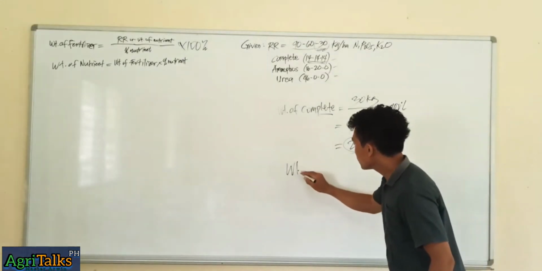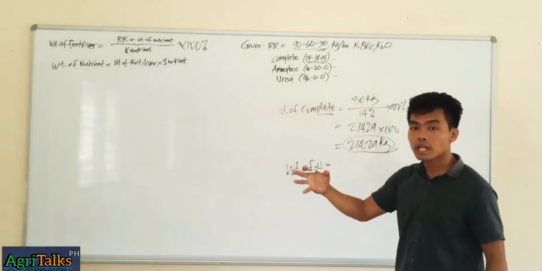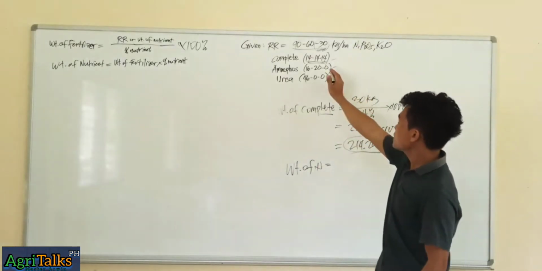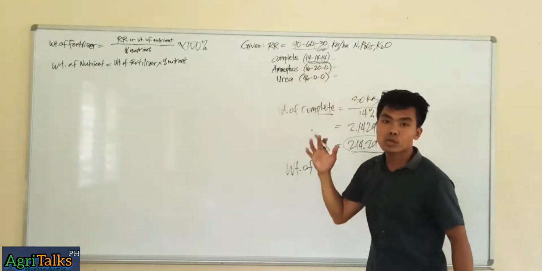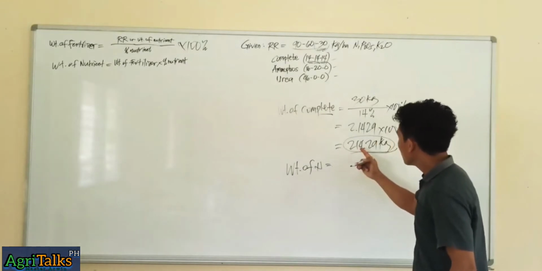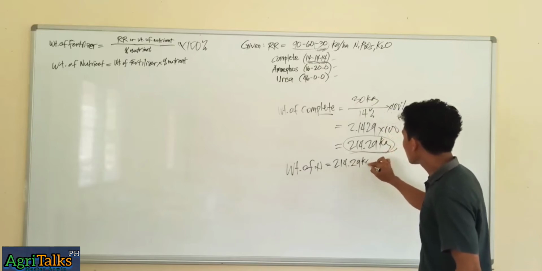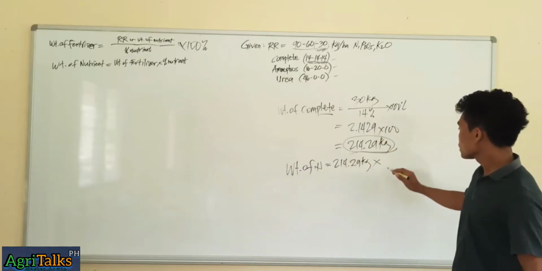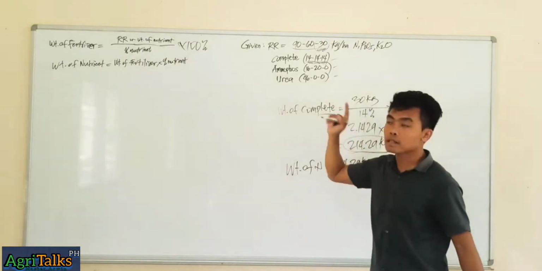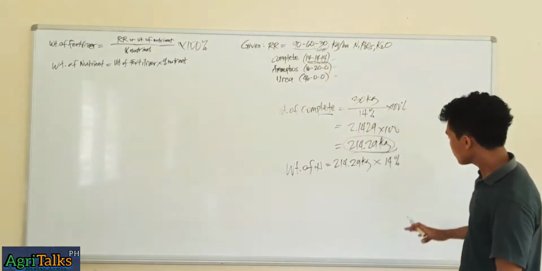So we will compute for nitrogen, phosphorus, and potassium, since these are 3 nutrients. So weight of nitrogen is the weight of fertilizer, which is 214.29 kilograms times 14%, because this fertilizer grade is 14%.